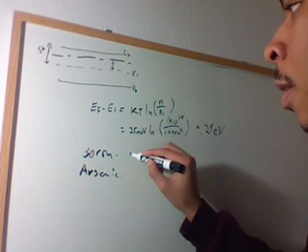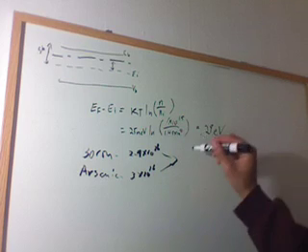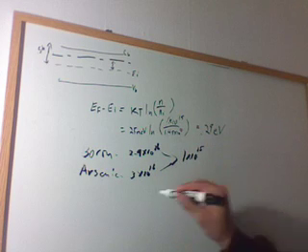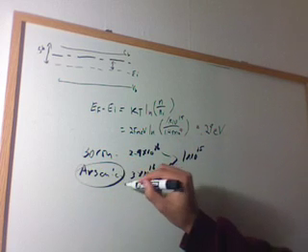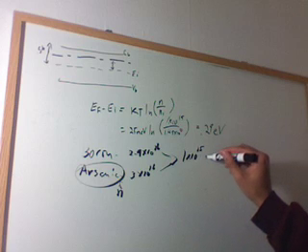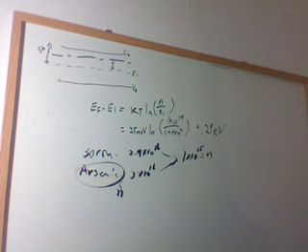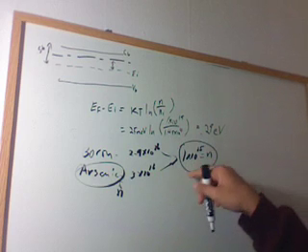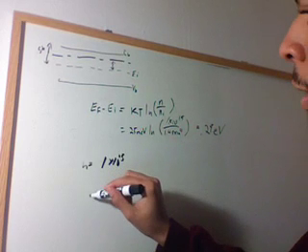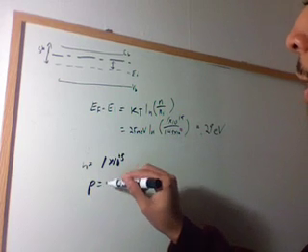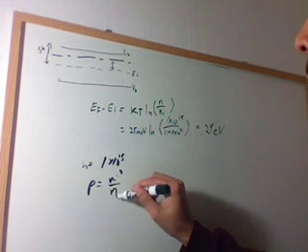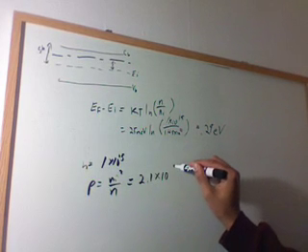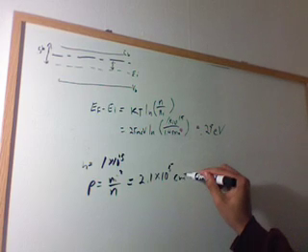You're left with 1 times 10 to the 15, and since there's more arsenic, the N-type prevails, so this is equal to N. Then to find P, you simply say P is equal to Ni squared over N, and that gives you 2.1 times 10 to the 5 per centimeter cubed.